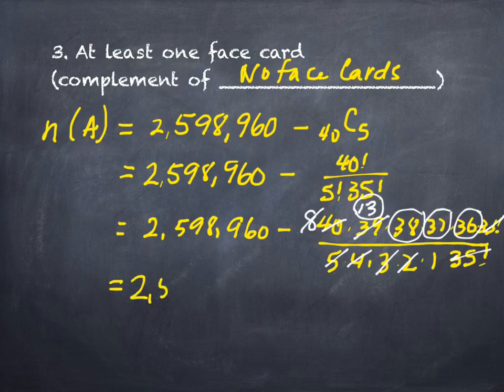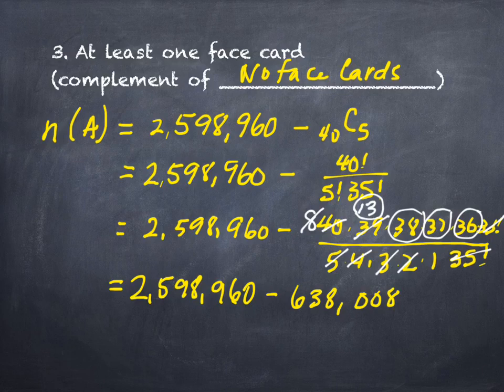2,598,960. What is this number all multiplied out? 13, 38, 37, 36. 658,008. Okay. And then we're going to subtract, right? So what do we get when we subtract this one? Nope, I don't have 2 million anymore, do I? I have 1 million something.